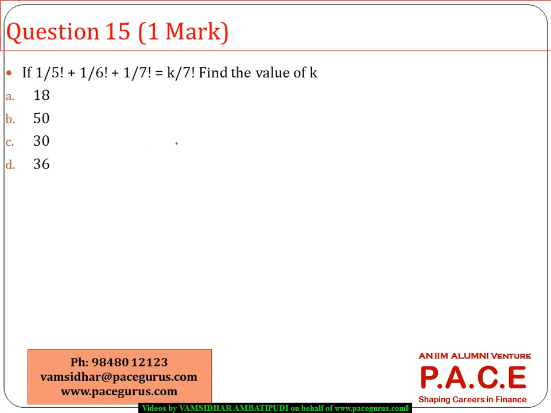If something is there as 1 by 5 factorial, to make the denominator 7 factorial, I multiply it by 6 and 7, so the denominator becomes 7 factorial. So numerator also I'll multiply by 6 and 7. So in a way this is becoming 42 by 7 factorial.